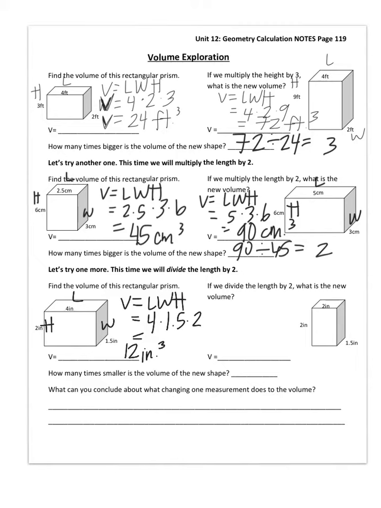Okay. So we divided the length by 2 to get 2. So 2 times 1.5, which is 3. And then 3 times 2, which is 6 inches cubed. So how many times smaller is the volume of the new shape?